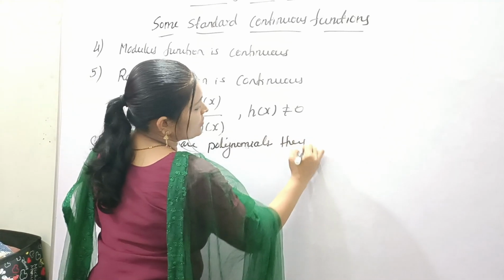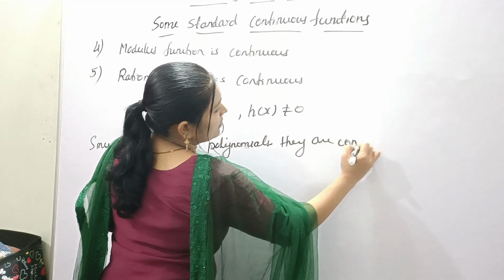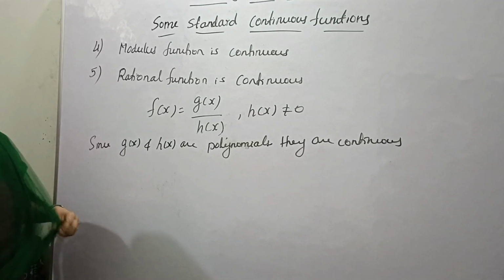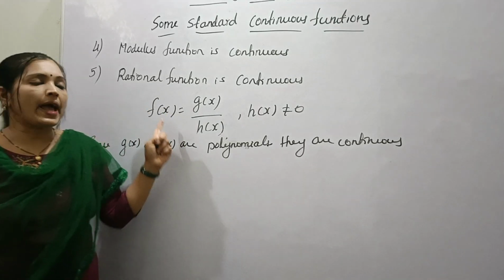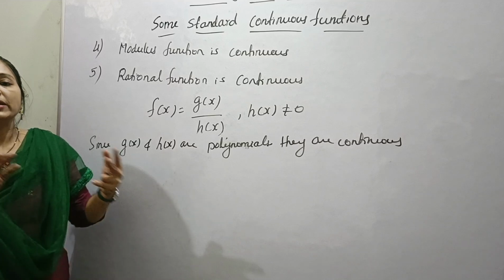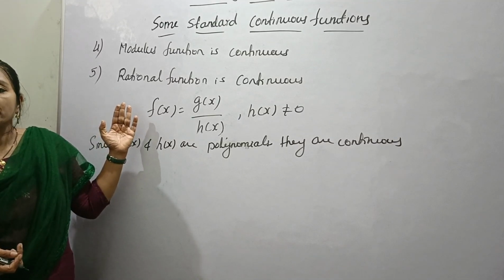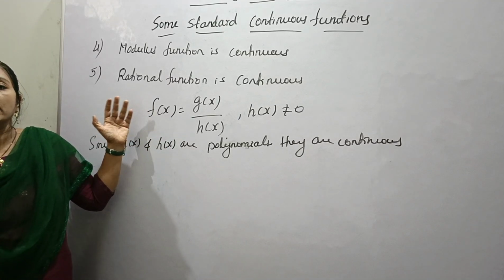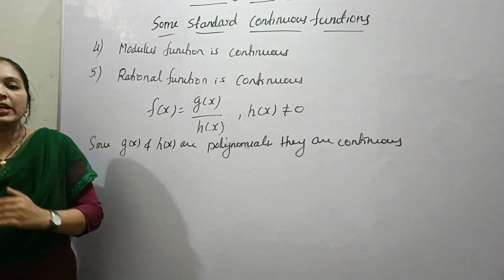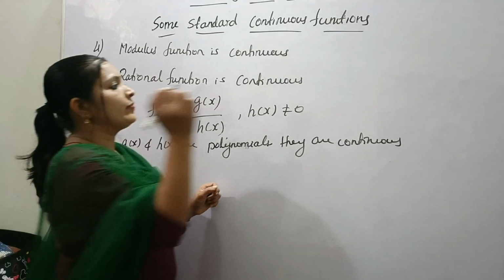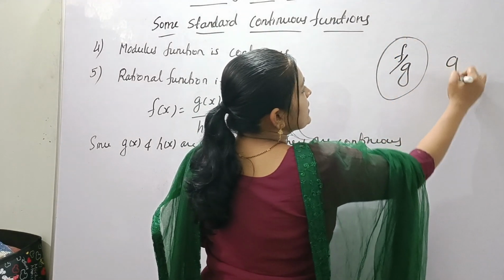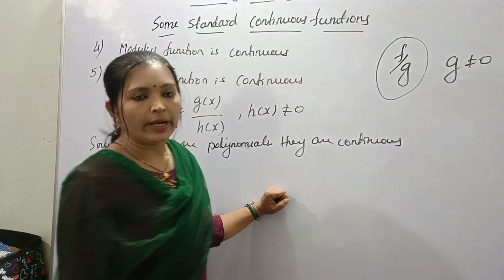We know from the algebra of continuous functions that if f and g are continuous, then f by g is continuous, where g is not equal to 0.